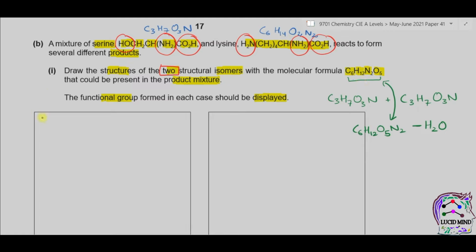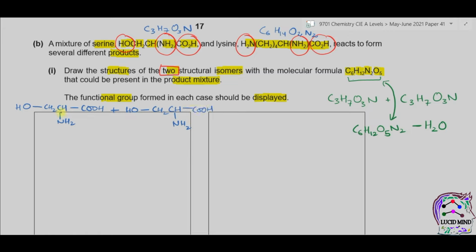Now the first one is OH, CH2, CH, then we have NH2, then COOH. Second one will be similar, OH, CH2, CH, NH2, COOH.